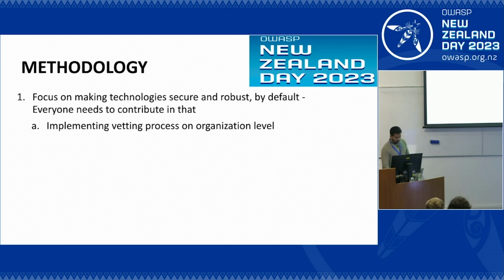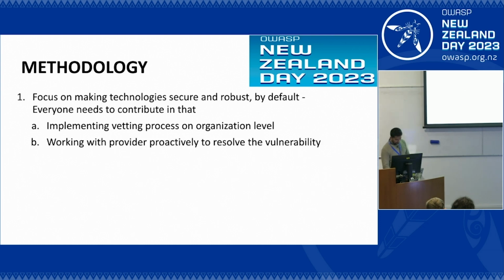It could be, like I put in the example, implementing a vetting process at the organizational level, and that software can be anything. It could be a small open source library, or enterprise software which is used by everyone in your organization, for example Workday or something like that. Anything you are using which is not developed by you, you put in your best effort to make sure that it is secure.